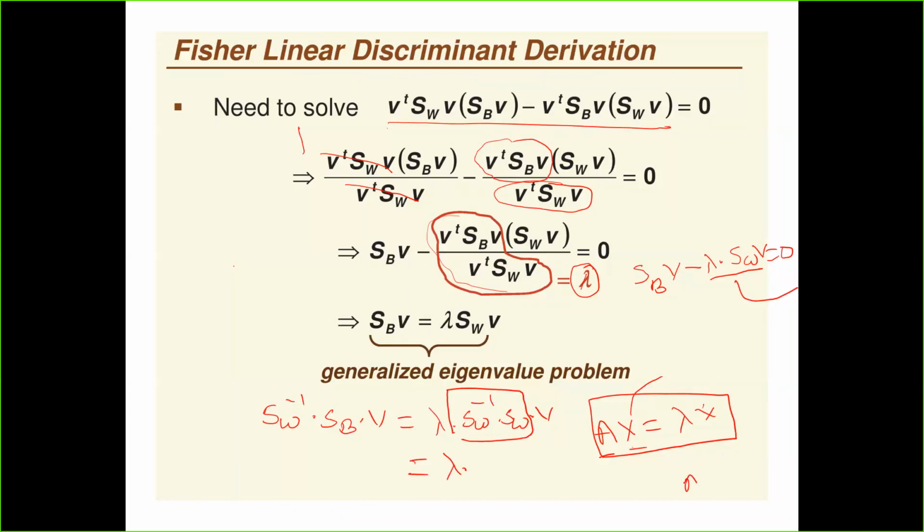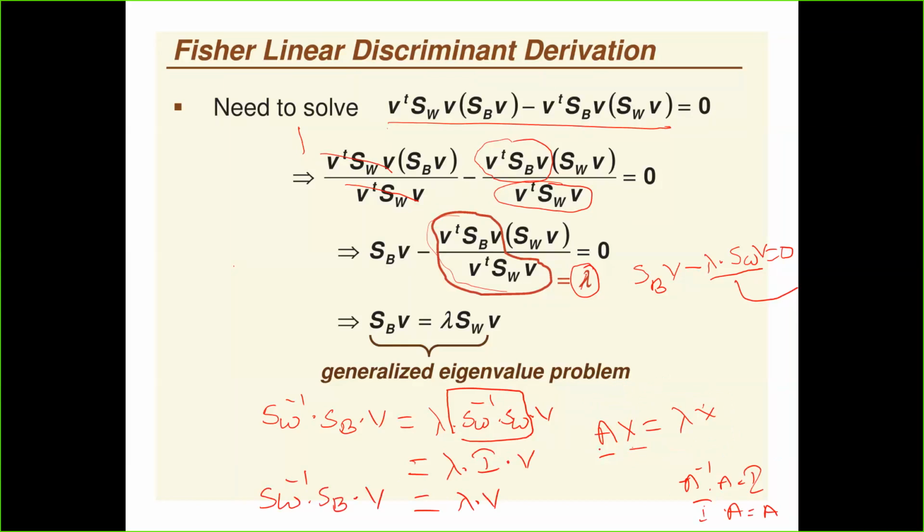What is A inverse A? Yes, the identity matrix I, right? And anything multiplied by I is that matrix. So this is equivalent to lambda times V. So SW inverse SB V is equivalent to lambda times V. Isn't it in this form?